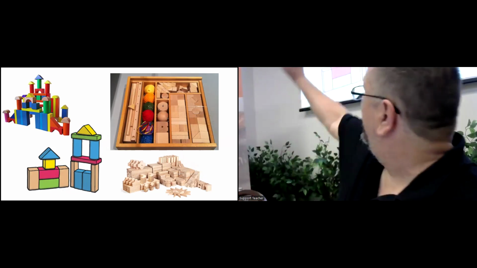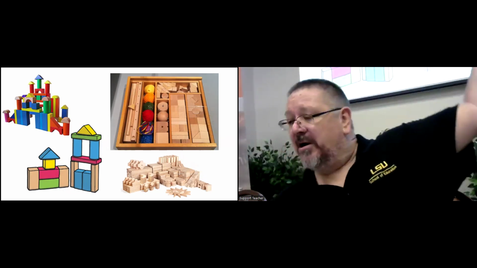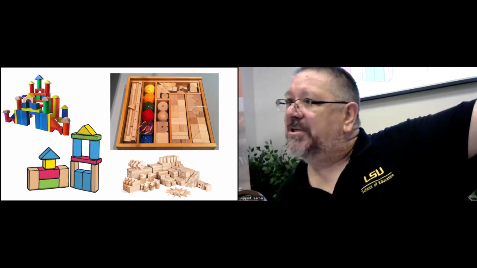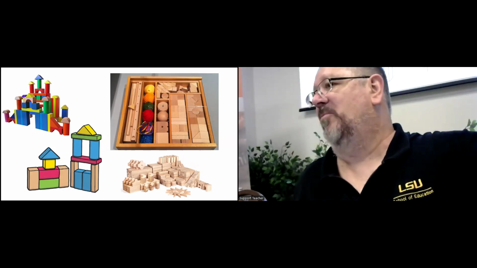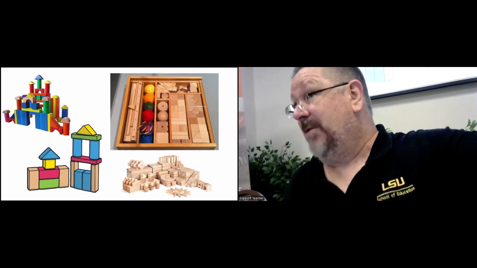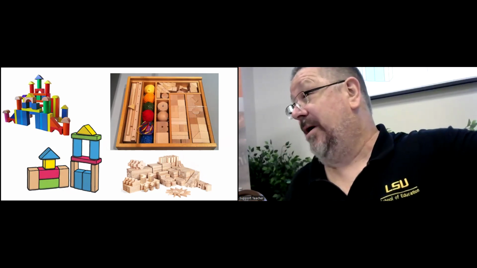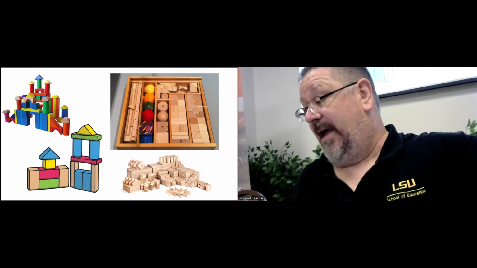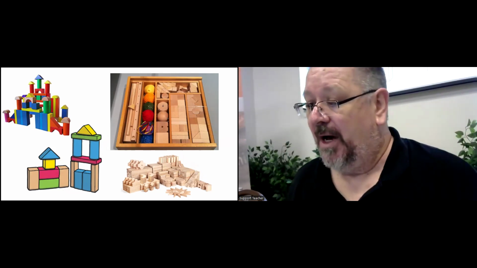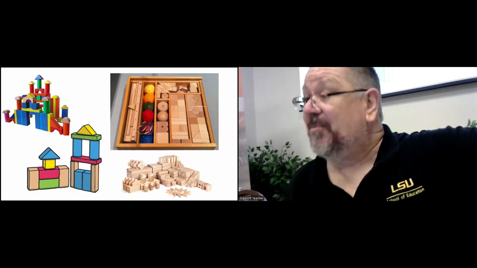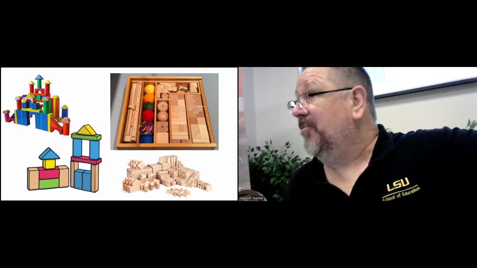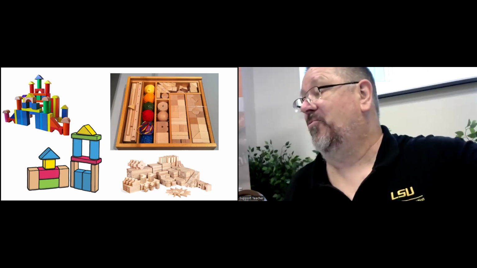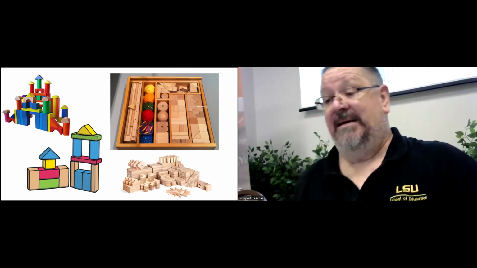These in the left-hand corner over here, these are actually Froebel's original blocks, the Froebel's Gifts and Occupations. And at the end, I'm going to come back to those as being important also. But again, Froebel's blocks have been around forever, right? They were part of the original kindergarten curriculum that he developed.